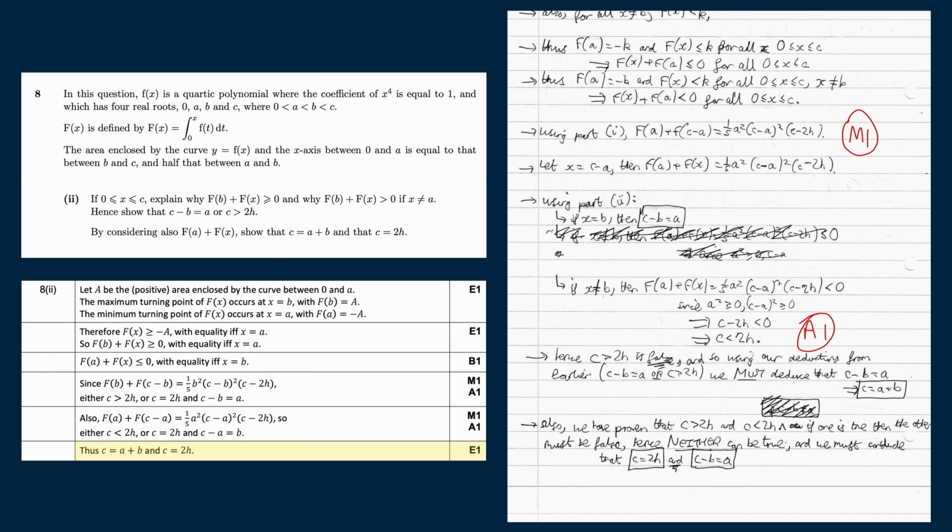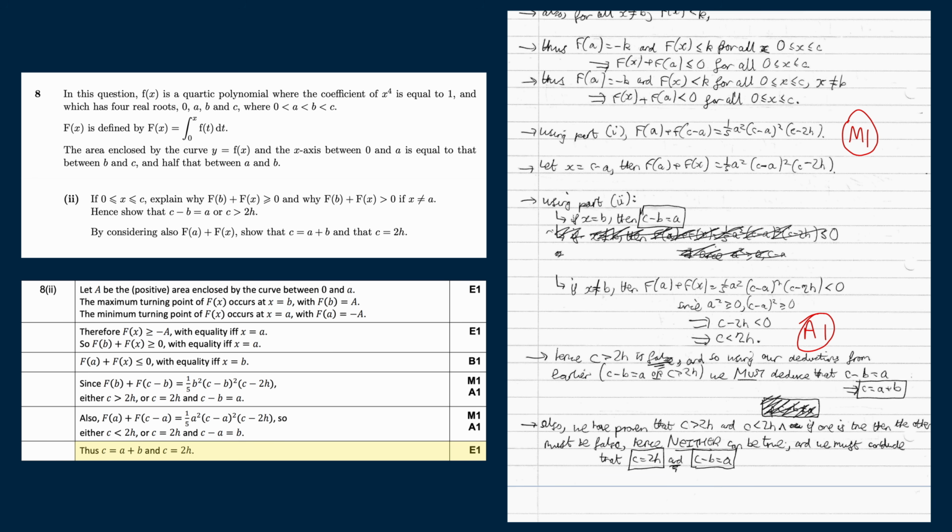In principle, we could have had that both of the results we've just established are true by virtue of C minus B being A. And I'm not quite convinced that the justification has been given for why this comes along with C equals 2H. We have a statement, hence it's false and so on. But this is one of the cases we could have had that instead. So I feel the logic has been a little bit muddled here.